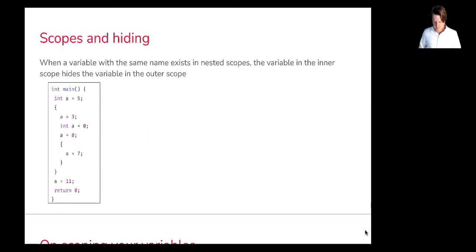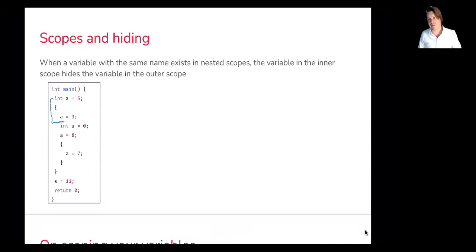So when a variable with the same name exists in nested scopes, and this goes back to about three slides ago, the variable in the inner scope is going to hide the variable in the outer scope. So looking at this code, a is going to be visible down to this point here. So if we look at this a, it will be assigned the value of 3 in the nested scope. Totally, that will happen.